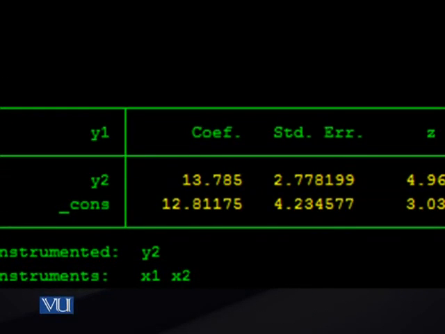And then you have Y2, the coefficient is 13.785, exactly matching the previous two procedures where you used reg3 and Excel, and the intercept 12.811, again an exact match. So in fact, this is a technique called instrumentation. You have instrumented Y2 by specifying that Y2 is dependent on X1 and X2.